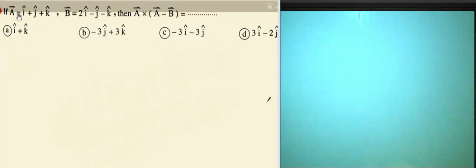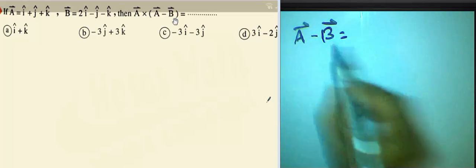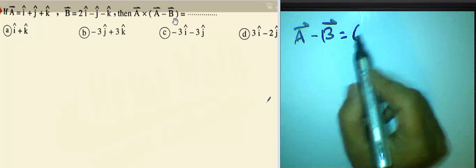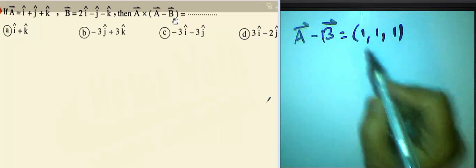Next question. If vector A equals i, j, k, and vector B equals 2i minus j minus k, then find vector A cross (A minus B). Okay, first we must find vector A minus vector B. For vector A, the components are 1, 1 and 1, for i, j, k.